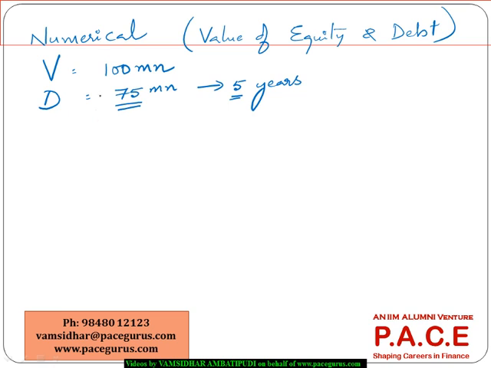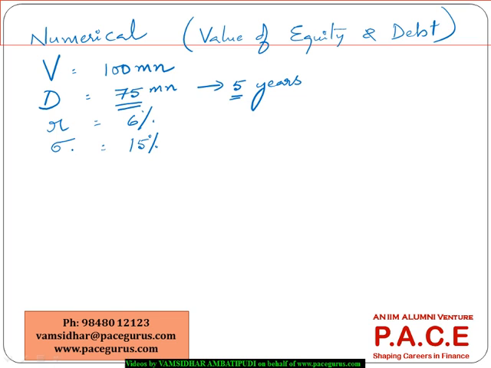I'm also looking at a constant interest rate during this entire period, let's say 6%, and the volatility of the firm during this period, let me assume, is around 15%.